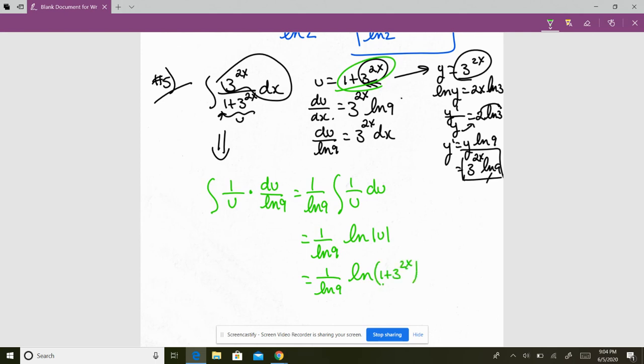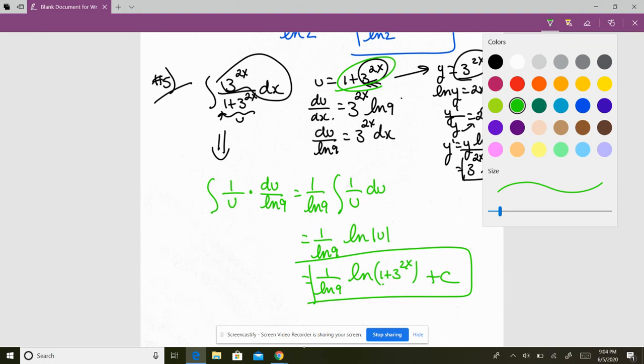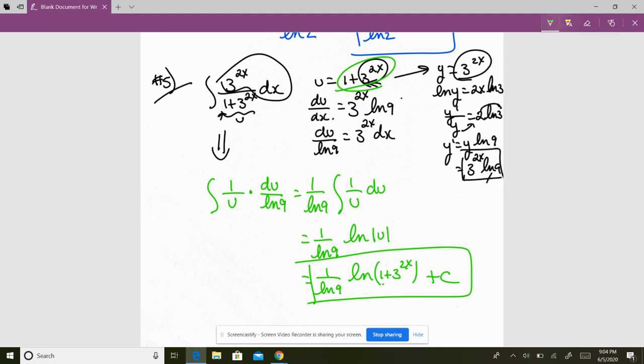You don't have to put absolute values because that's always going to be positive. Tack on a plus c and you are done. I'm not sure anybody would have realized that. To summarize, the integral of 3 to the power of 2x over 1 plus 3 to the power of 2x dx would be 1 over the natural log of 9, natural log of 1 plus 3 to the power of 2x. Not totally intuitive.